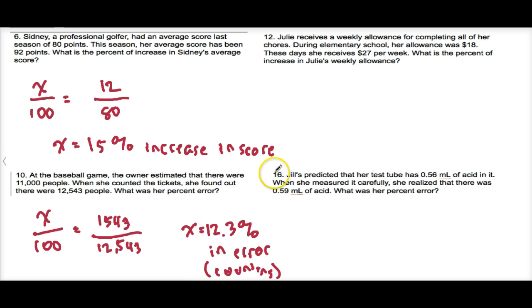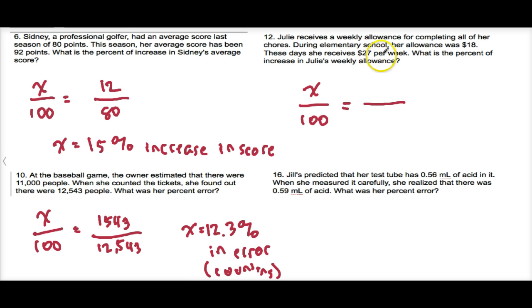Alright, next one, number 12. Julie receives a weekly allowance for completing all of her chores. During elementary school, her allowance was $18. These days, she receives $27. What is her percent of increase in Julie's weekly allowance? So we don't know the percent. We know it's over 100. And we put the change on top.